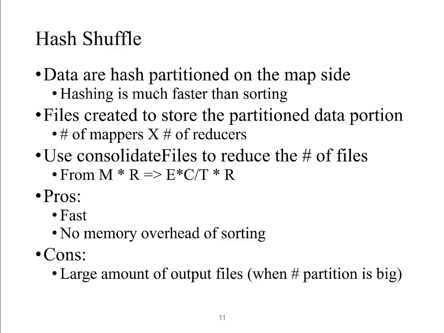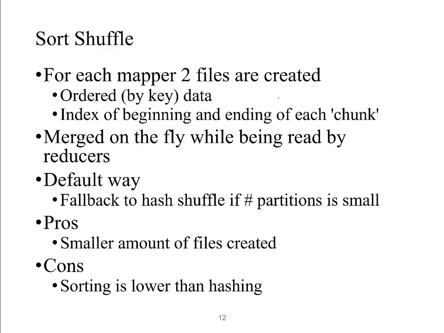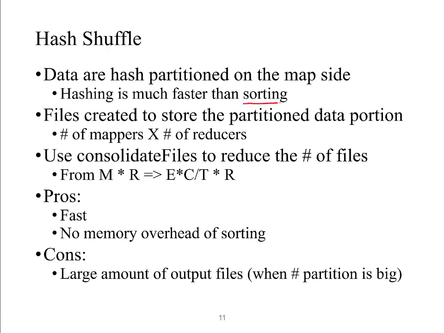If you still remember, the purpose of shuffling is to group records based on the keys. The traditional way is to use sorting. For example, we have keys of 2, 1, 3, 2, 3.